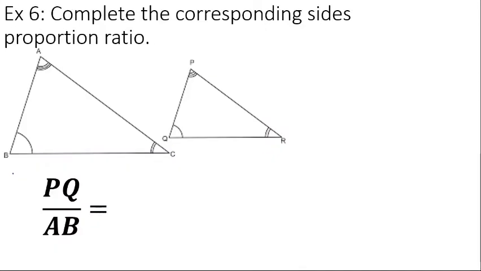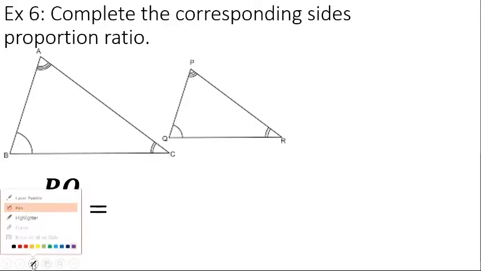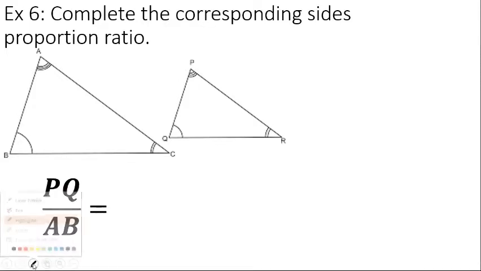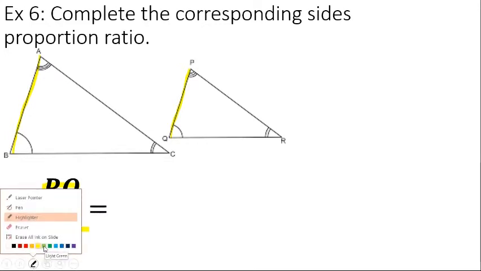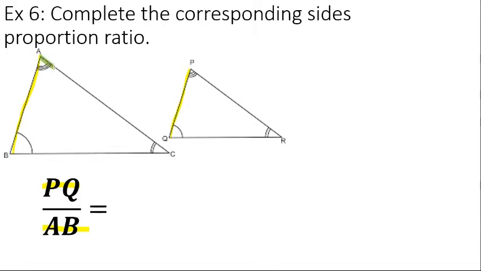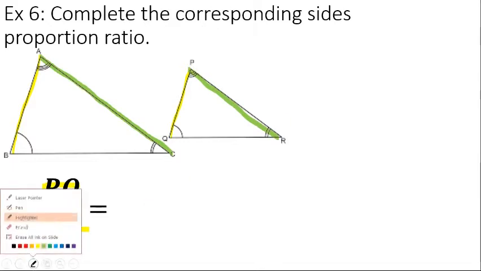Okay, 6, complete the corresponding sides proportion ratio. So what I do first is I just look at what's given to me. So PQ is right here. AB is right here. So let's look at the next two sides that correspond. So AC goes with PR. So I write that.